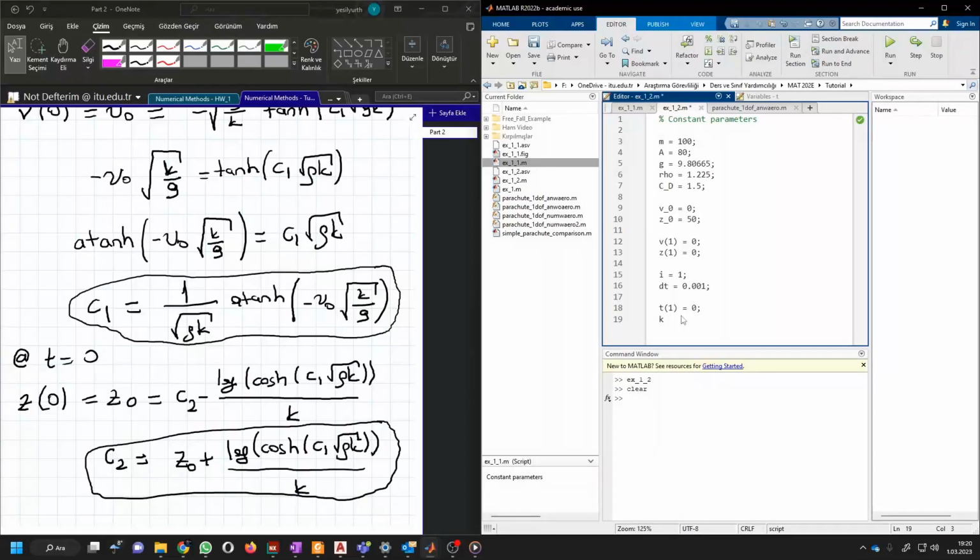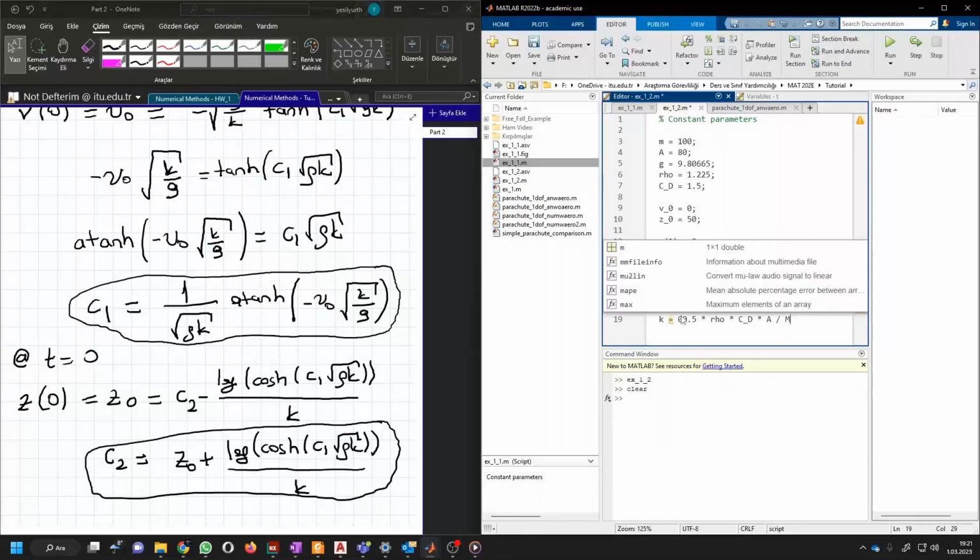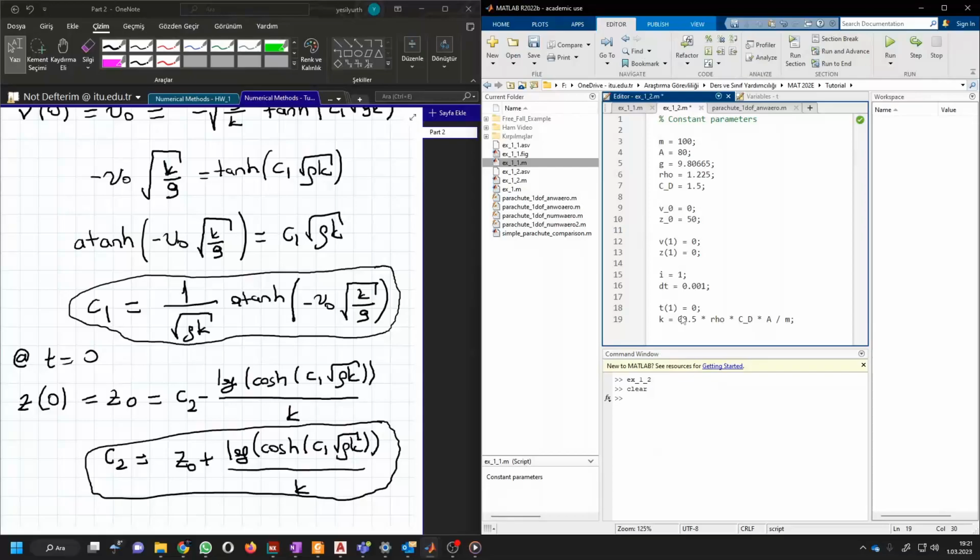K will be equal to 0.5 times rho times CD times A over M. That was our simplification while we were entering the differential equation into the Wolfram Alpha console. I will use the same simplification in my MATLAB script.